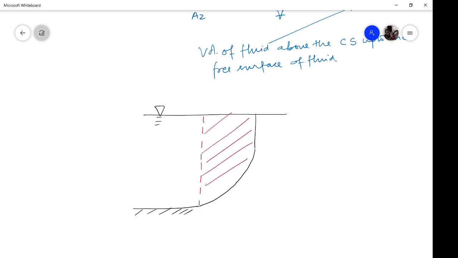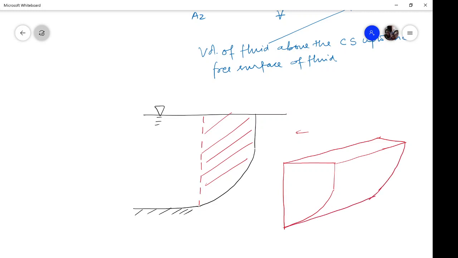This was symmetric, so if you look at it from this side, you will be able to see this volume. This is the volume whose weight is nothing but this Fz.